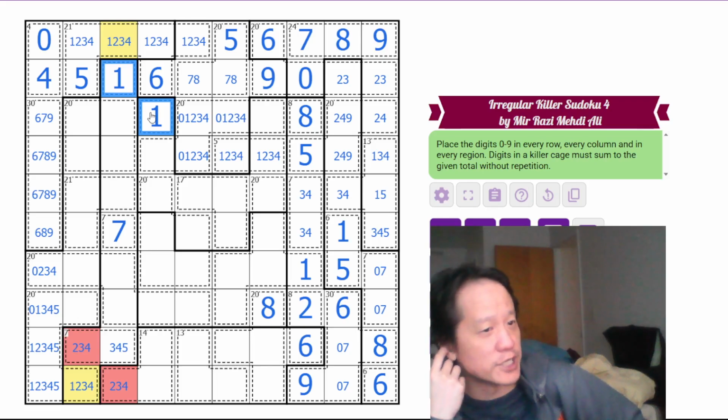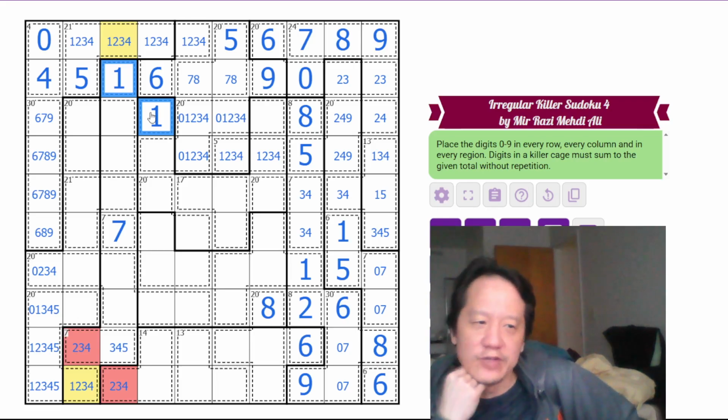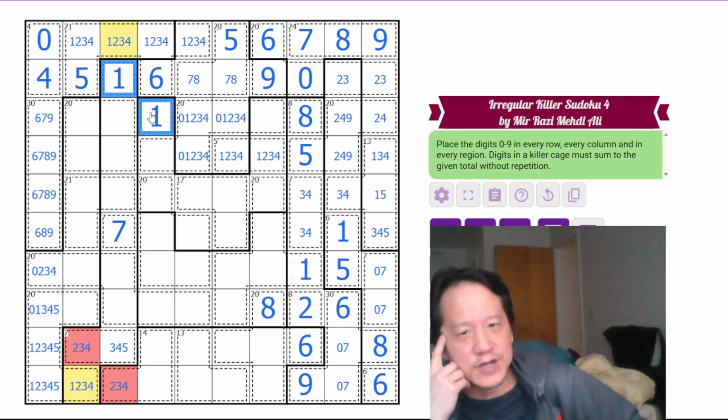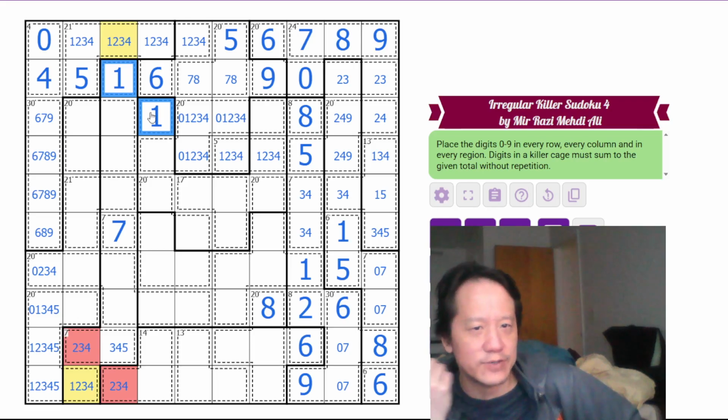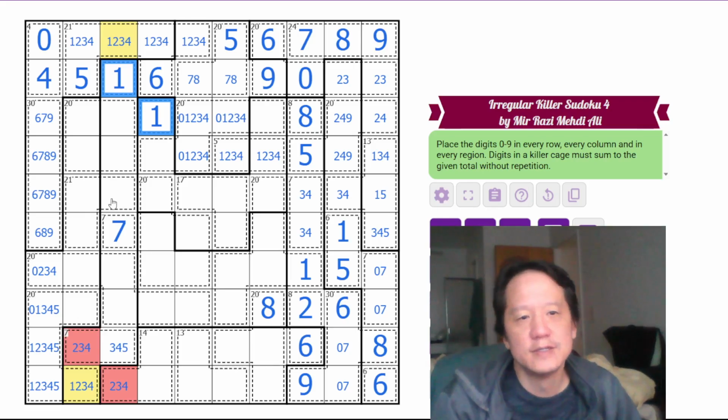I was just fortunate that it solved that way, and I didn't have to backtrack through it. But obviously it's not that. Eventually you'll get to it, or I'll get to it. So it's not that bad of a mistake, unfortunately for me. But yeah, kind of a mess up here.